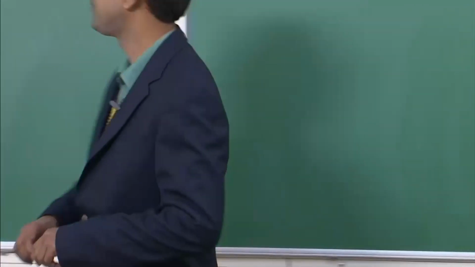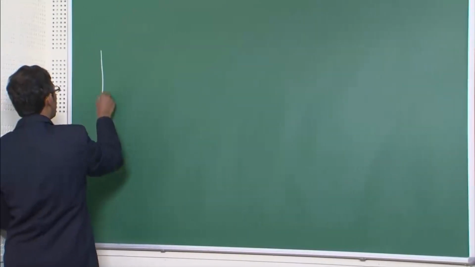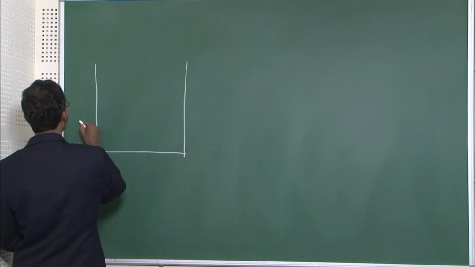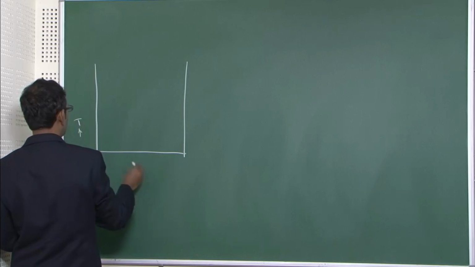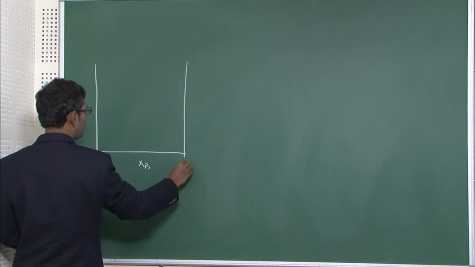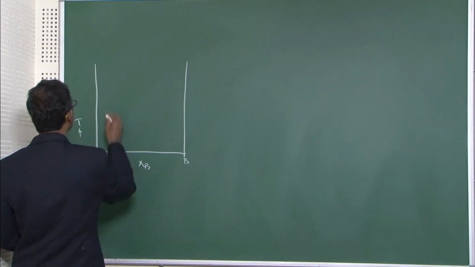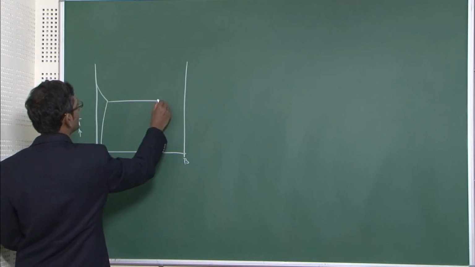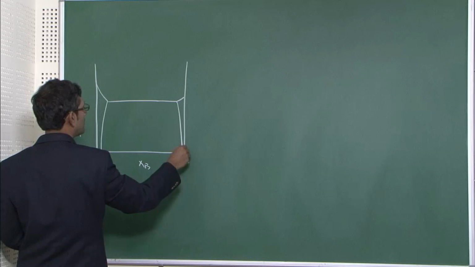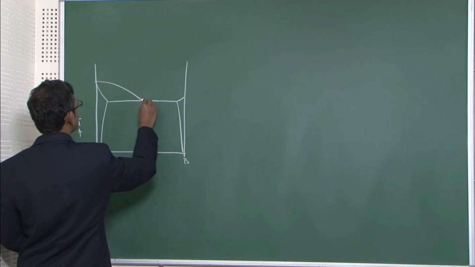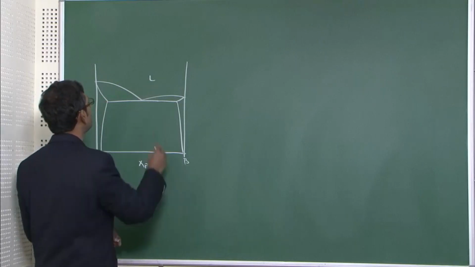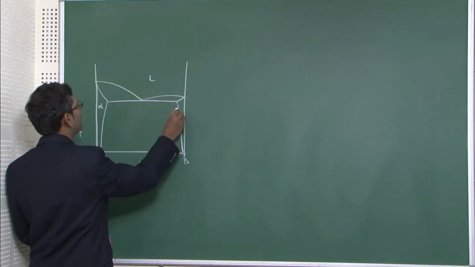First I will draw a typical eutectic phase diagram with two terminal solutions. So this is the temperature axis, this is the composition axis, pure B end, pure A end, and a typical diagram will look like this. And for your information, this is the liquid, this is the solid alpha, solid beta.